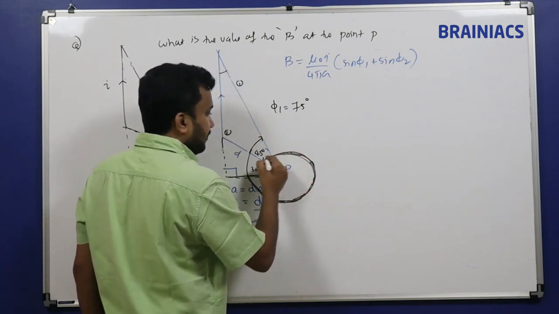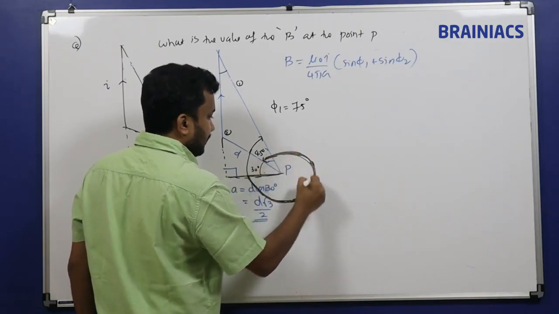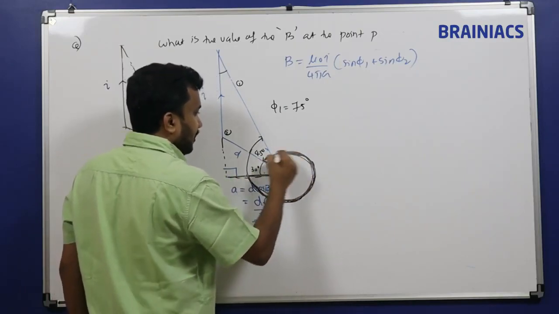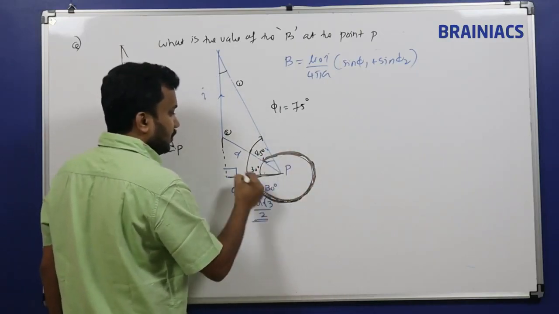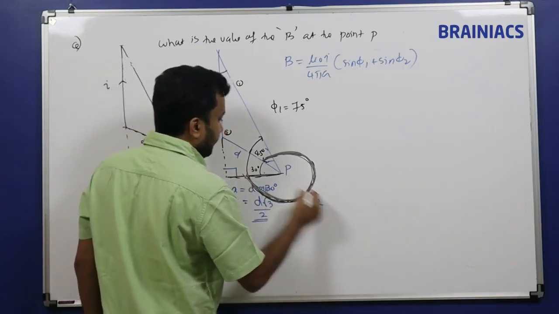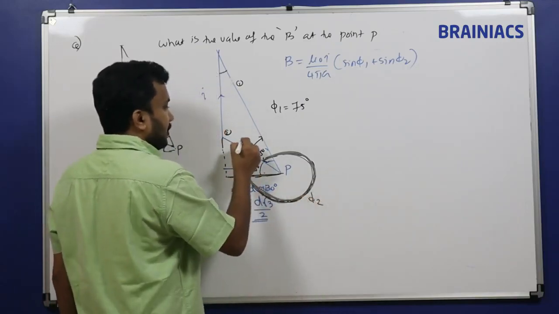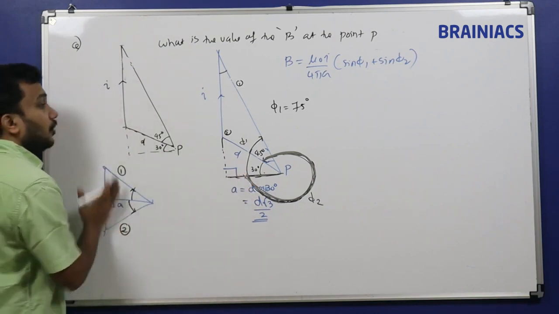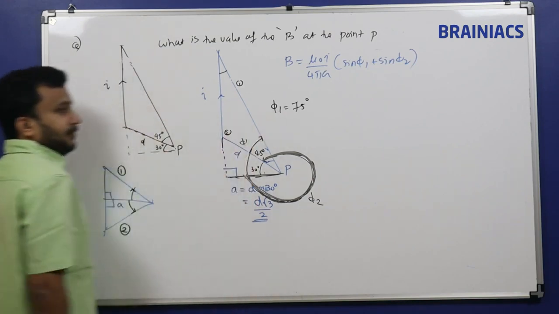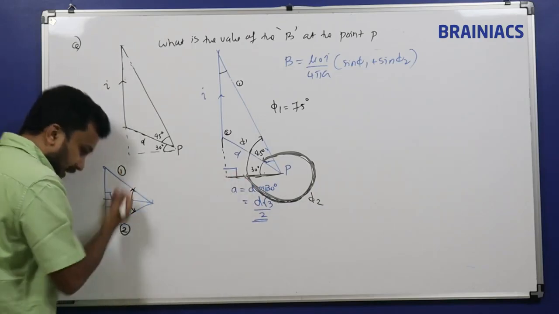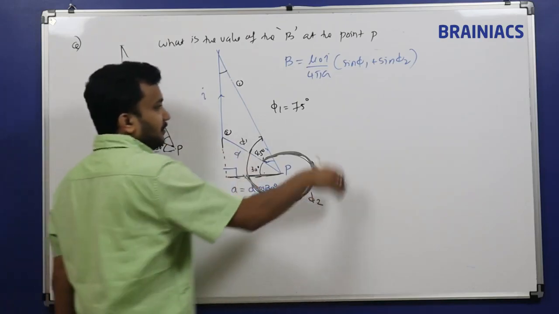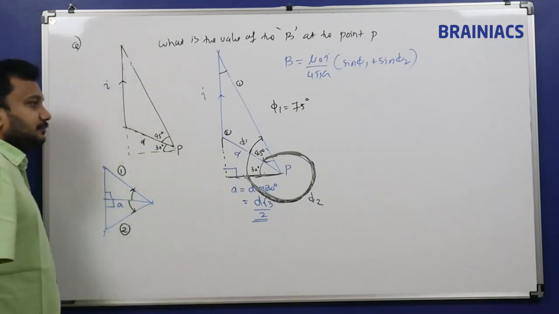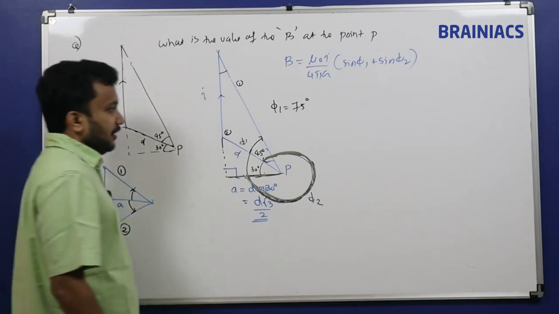This value is called phi 2, and only the first line is called phi 1. Phi 1 from the center is clockwise direction, 45 degree. From the center, anti-clockwise direction, in the reverse order, you have to take.